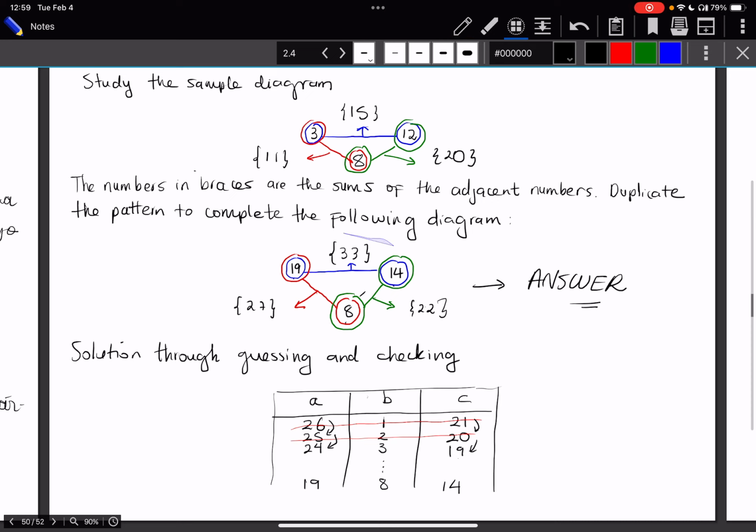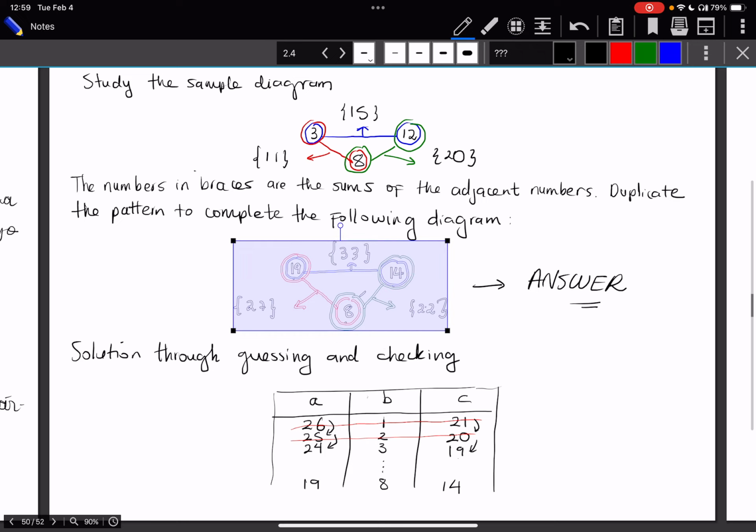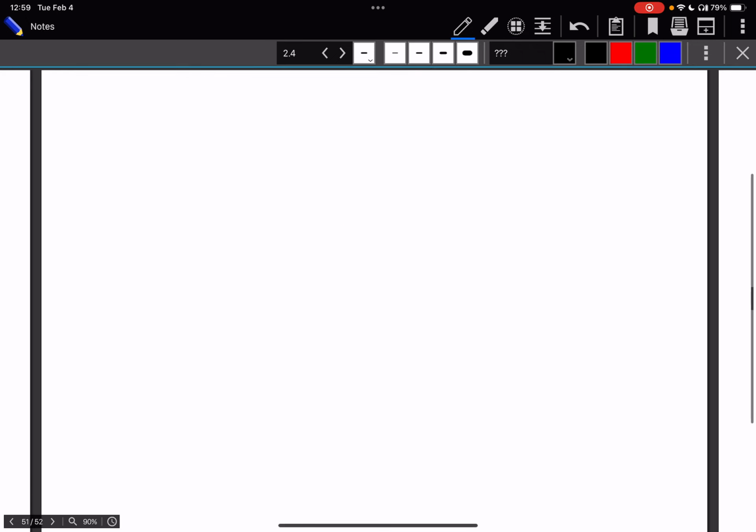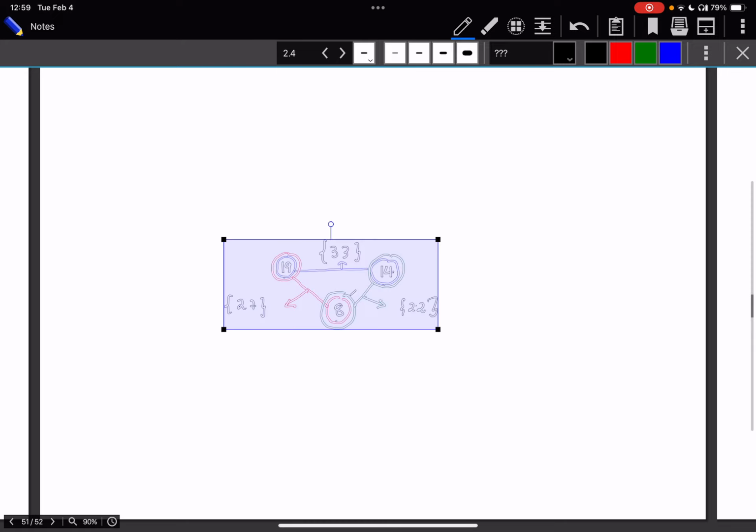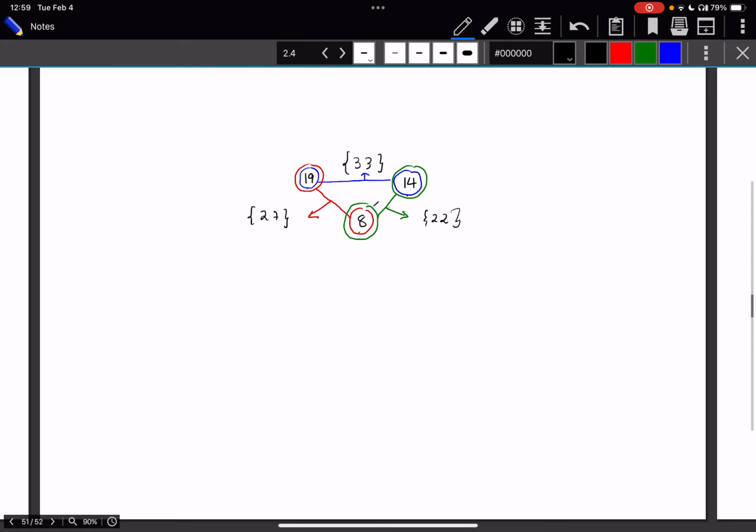And I'm going to copy the diagram right here and paste it there. So let's start the solution through algebra.